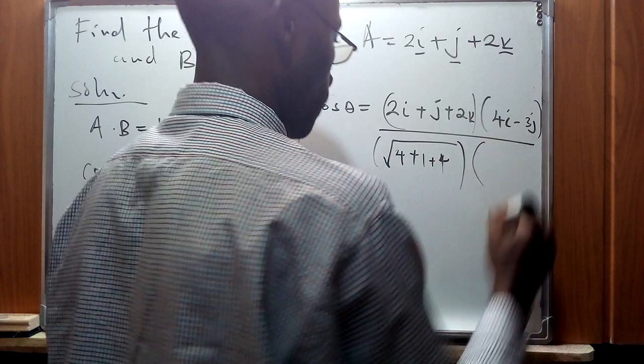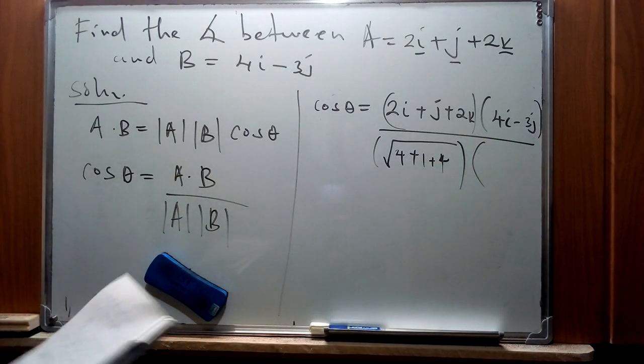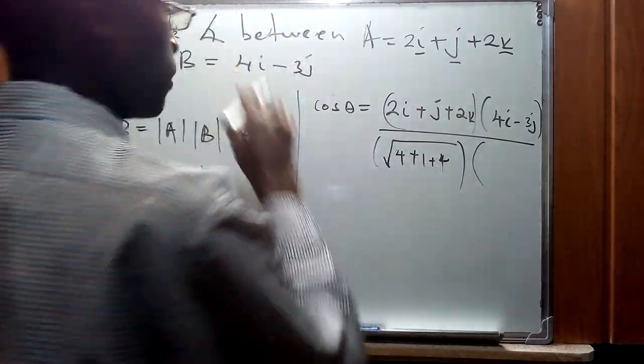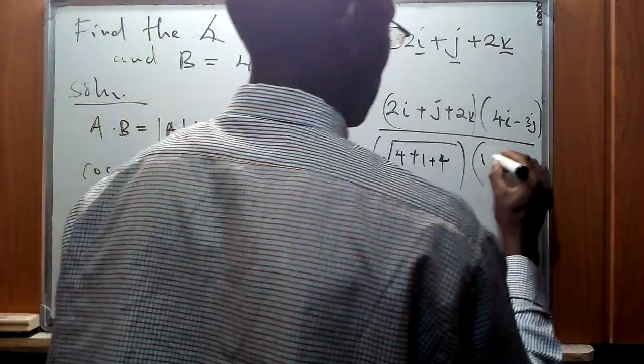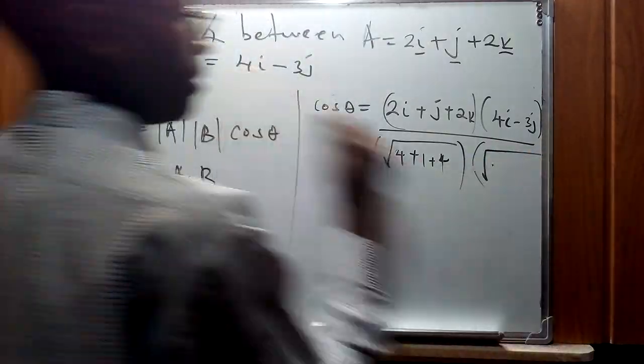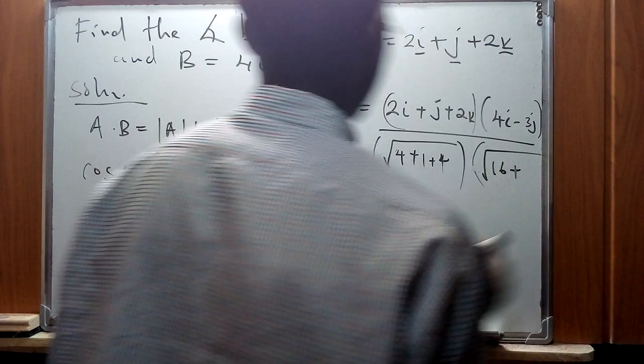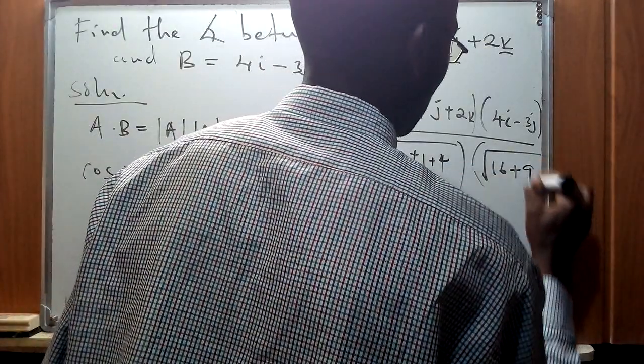Then we multiply with the second one, the root of 4 squared, which is 16, plus 3 squared, which is 9.